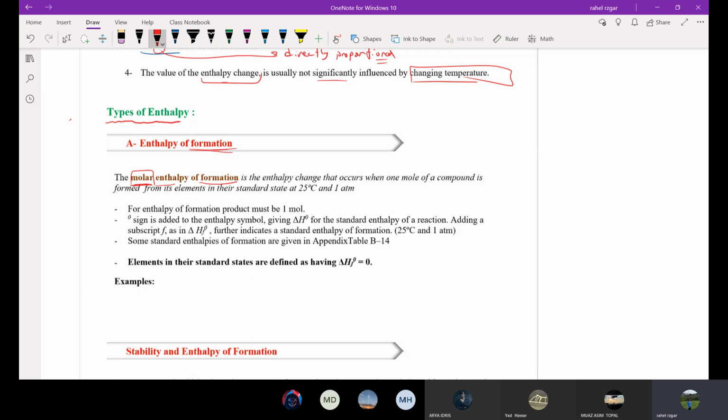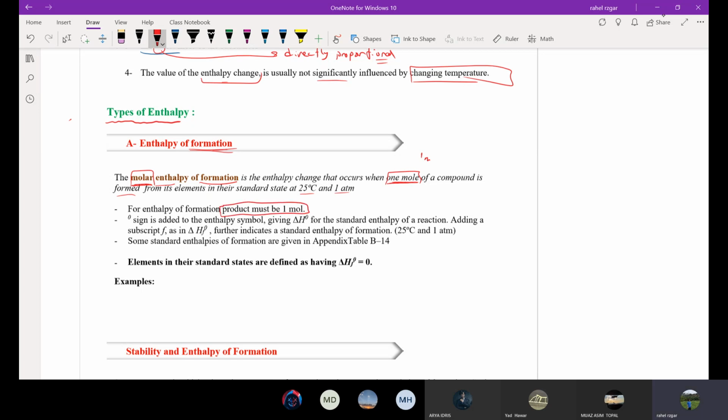It is the enthalpy change that occurs when 1 mole of a compound is formed from its elements in their standard state at 25 Celsius and 1 atm. The important part is that 1 mole of the compound is formed. So for enthalpy of formation, the product must be 1 mole.